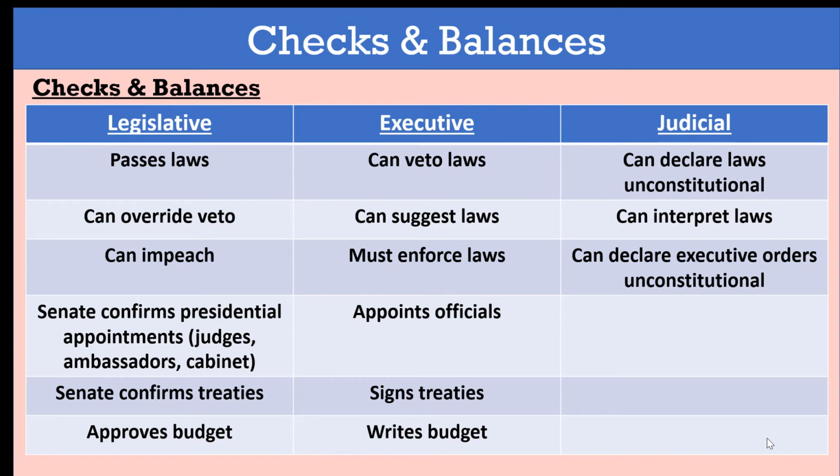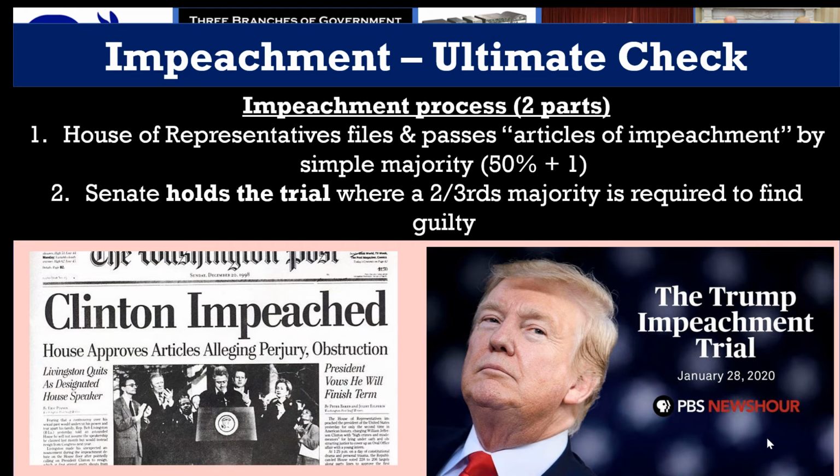We will cover the checks that each branch has on the others in detail in our next unit on the three branches. But the most obvious that AP Central placed in Unit 1 being the power of impeachment, aka Congress's ability to remove an official from office for committing high crimes and misdemeanors.